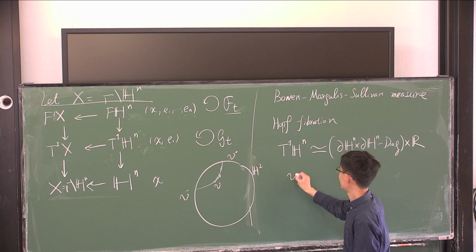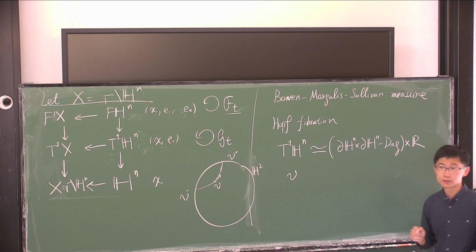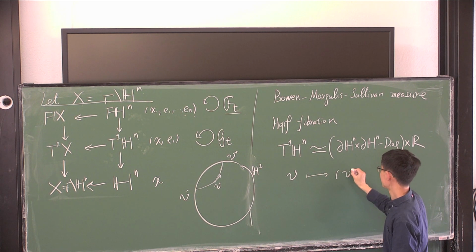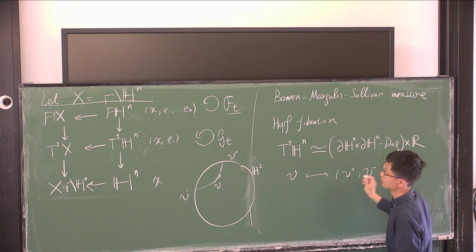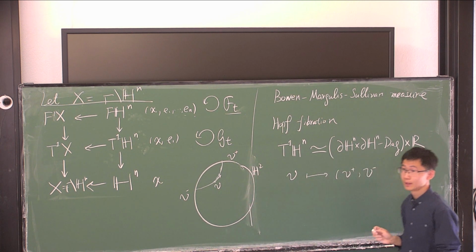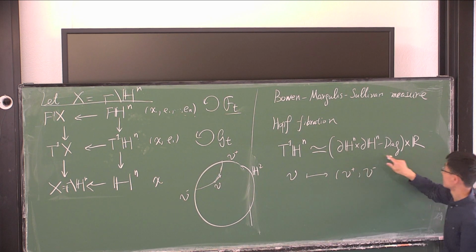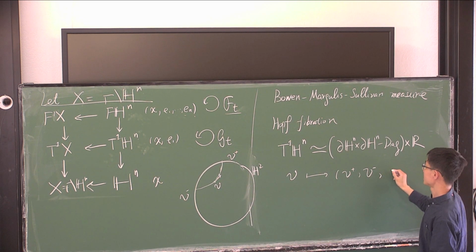So by this we get the so-called Hopf fibration, and for each point you get v plus and v minus, two points on the boundary, and they will not be the same. So we need to remove the diagonal.